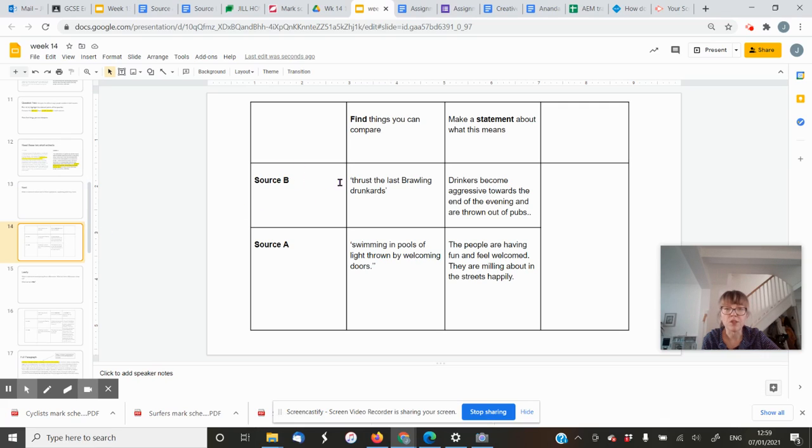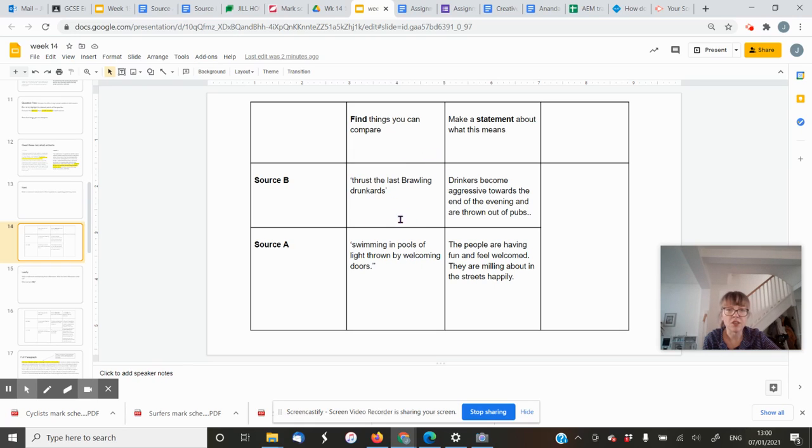So here we've got source B. Our quotation is that they thrust the last brawling drunkards out of the pub, and that's showing that drinkers are aggressive, they're brawling, that means fighting, and they're having to be thrown out of pubs. Source A, the swimming in pools of light thrown by welcoming doors, shows that those tourists, those people drinking, are having fun and they're feeling welcomed and having a nice, happy time.